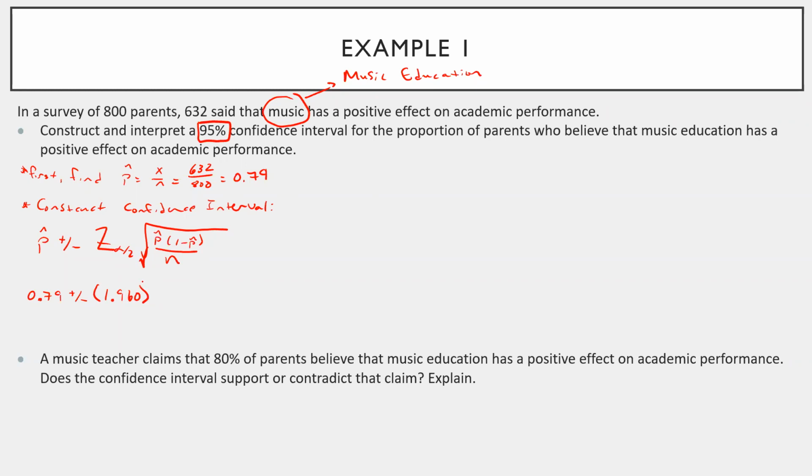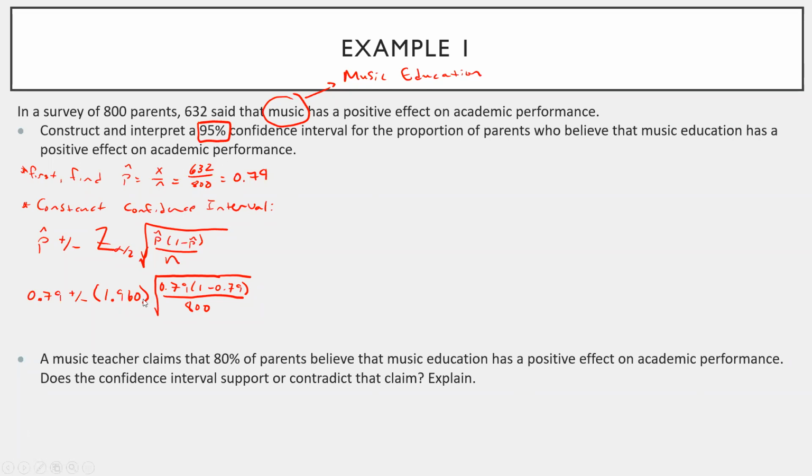Times now the square root of p hat, which is 0.79, times 1 minus 0.79, divided by n, which is 800.